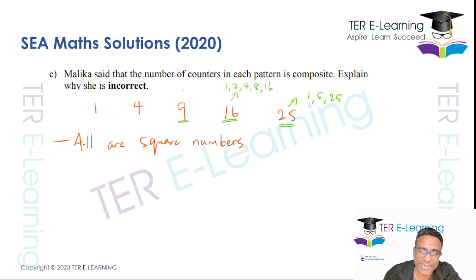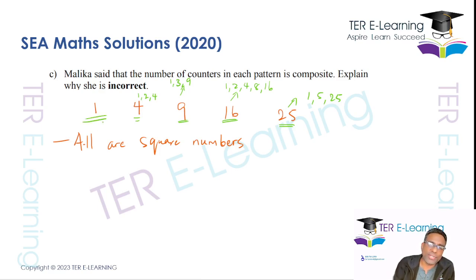In the case of 9, we have 1, we have 3, and we have 9. So again, this is a composite number. For this one here, we have 1, 2, and 4. So therefore, it's a composite number as well. So 9, 4, 16, and 25 are all composite numbers.